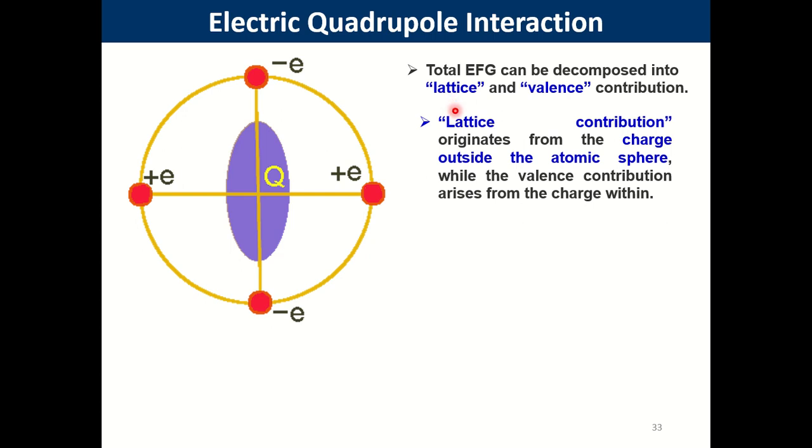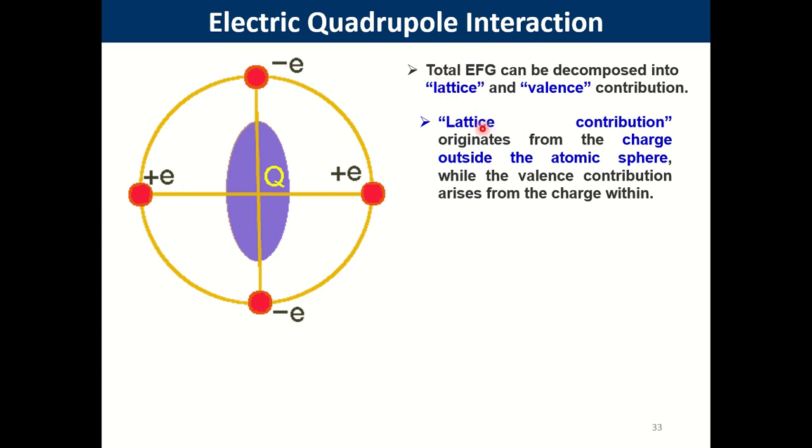Taking the nucleus as your reference frame, the surroundings can be described in terms of the internal atomic electron charge distribution, that is the valence contribution, and the distribution of charges outside the atom, which comes in the domain of the lattice EFG.